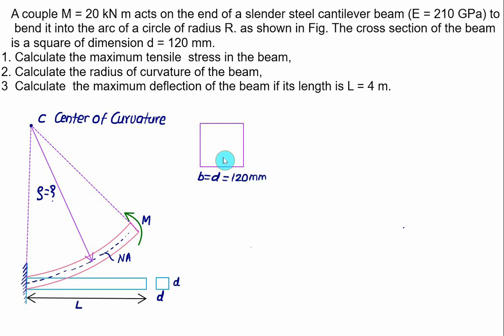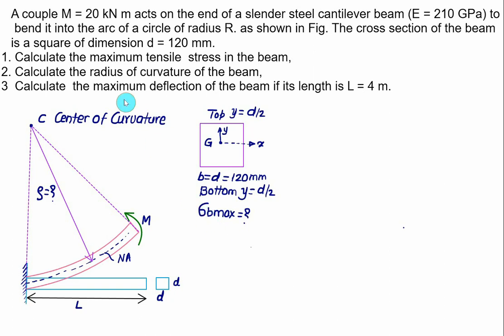We can locate the centroid, and the centroid location is represented by G. The horizontal axis is X and the vertical axis is Y. The maximum stress will be at the top fiber, where Y is equal to d by 2, whereas for the bottom fiber also the maximum stress is possible, with Y equal to d by 2. So one value of the maximum bending stress you have to calculate.